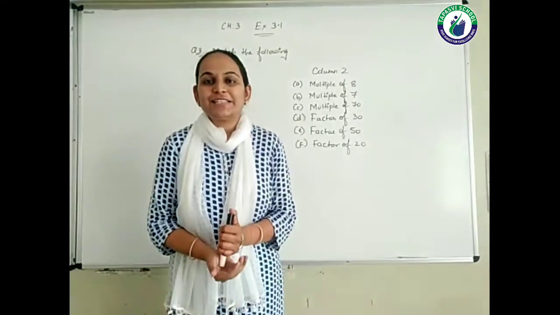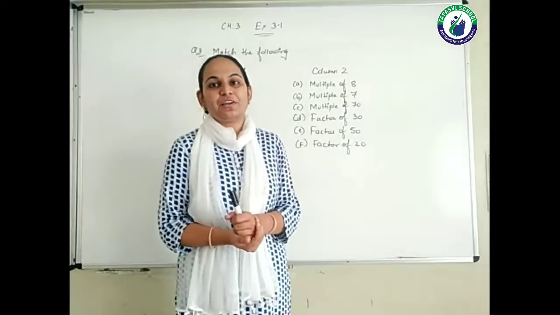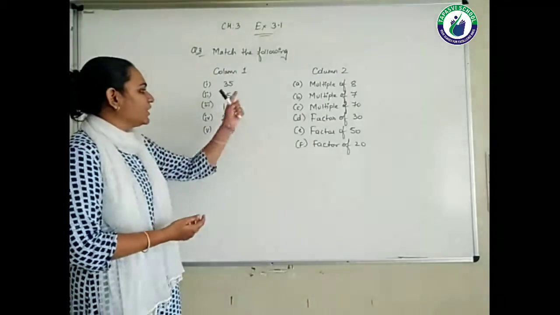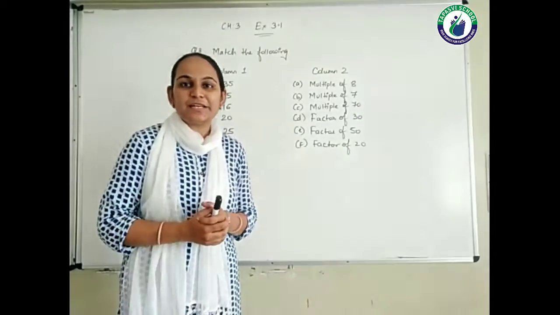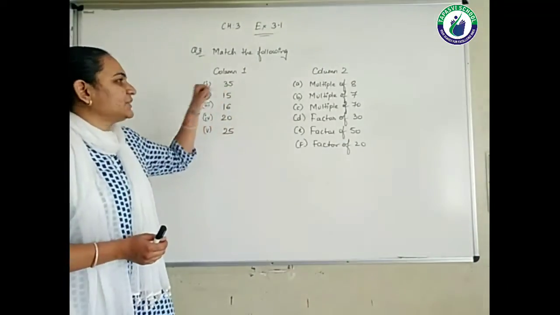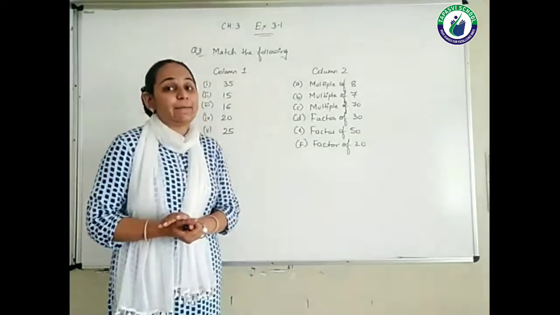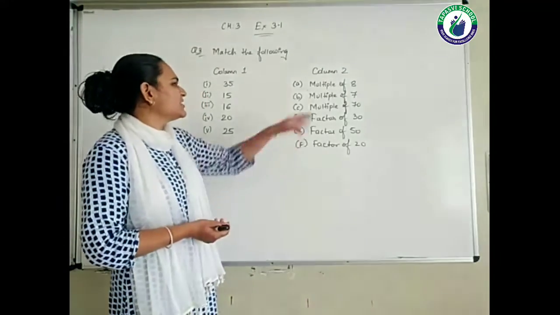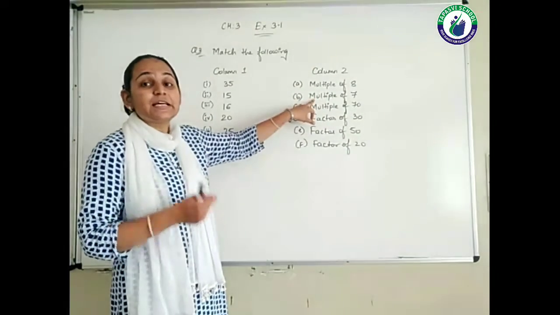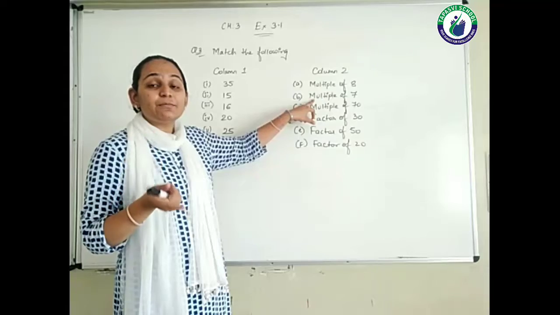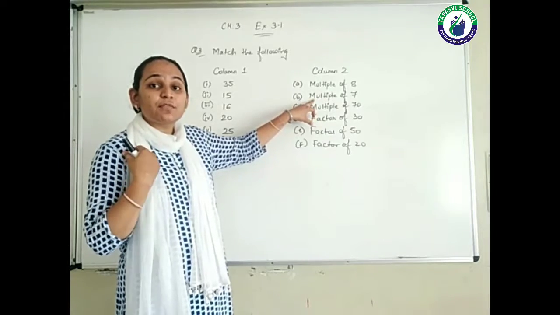Okay students, now let's see question number 3, that is match the following, right? So we are having column 1 and column 2. We have to match them. So let's begin now. Okay, first one is 35. We have to find the appropriate match of it. So is it the multiple of 8? No. Is it the multiple of 7? Yes. 35 is a multiple of 7 because 35 comes in the table of 7.